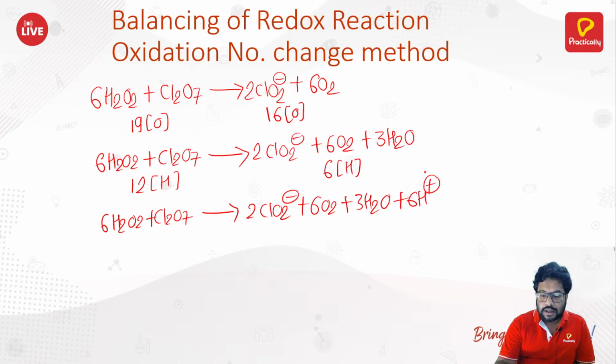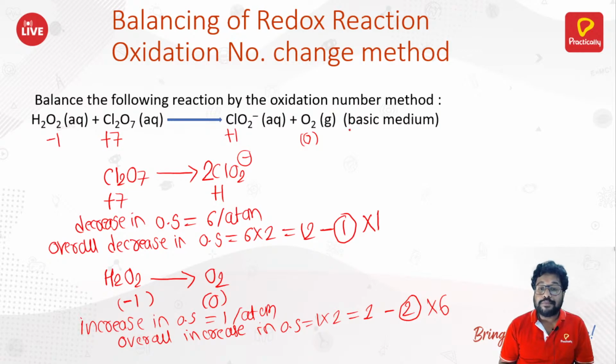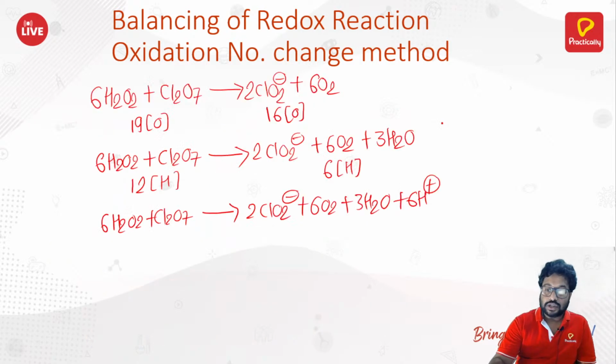Now remember, this reaction is happening in what medium? Basic medium. So if the reaction is happening in basic medium, you need to add the equal number of OH minus as there are H plus ion on both the side. That is why now you need to add 6 OH minus on both sides of the equation.